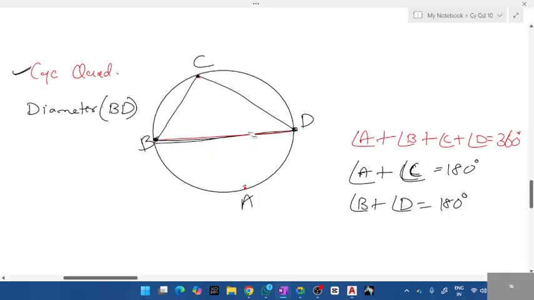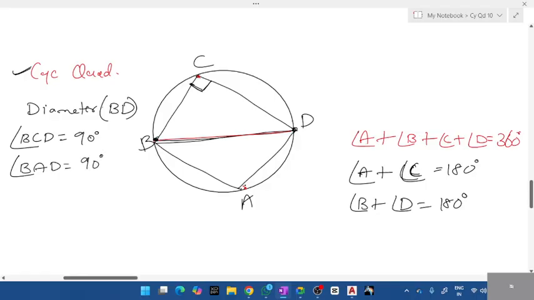BD is the diameter. What's the angle formed at C? What will be the value? 90 degrees. Angle formed on the semicircle. So angle BCD should be equal to 90 degrees. The same goes with BAD. What will be the value of BAD? All of you remember all these concepts.